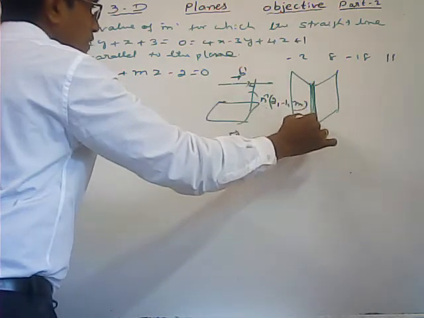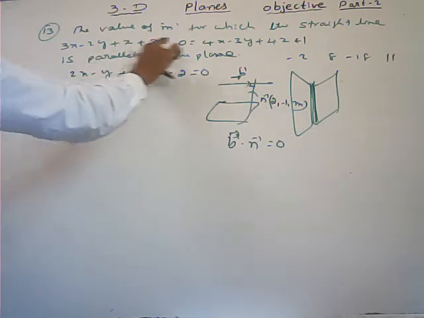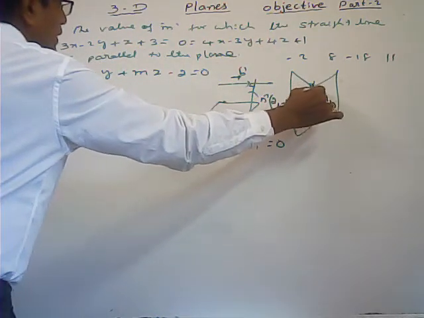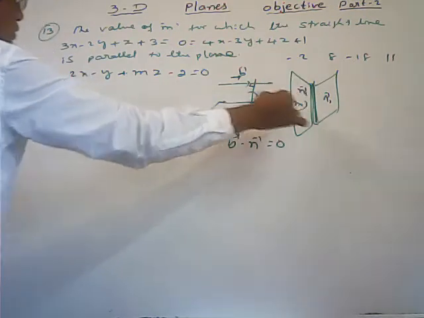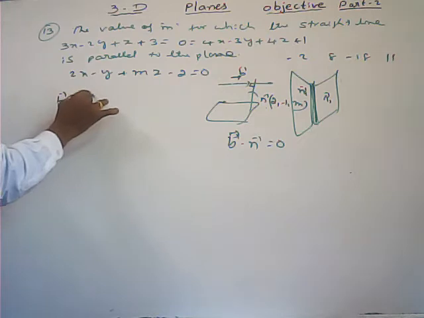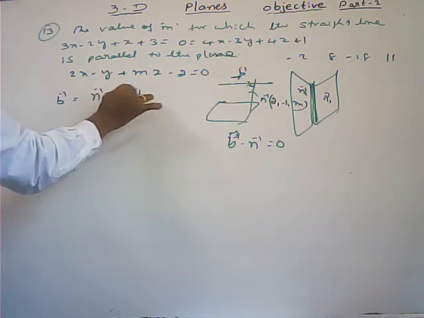It is the line of intersection of the given two planes, which is perpendicular to both n1 bar and n2 bar. So b bar is the cross product of n1 bar and n2 bar.